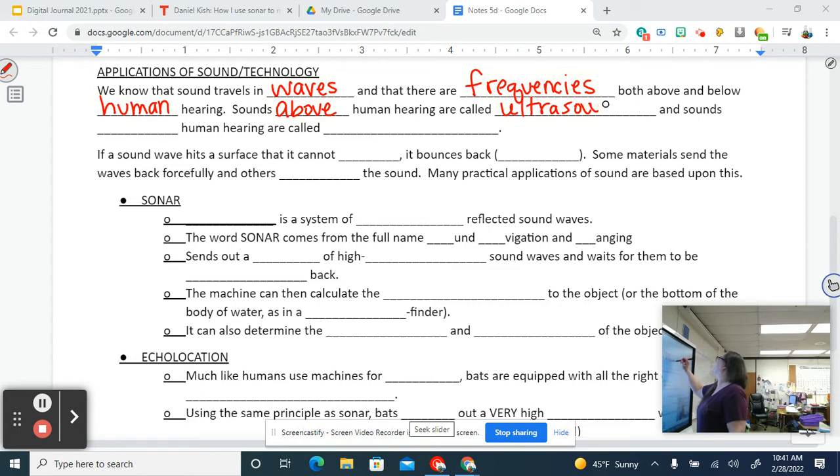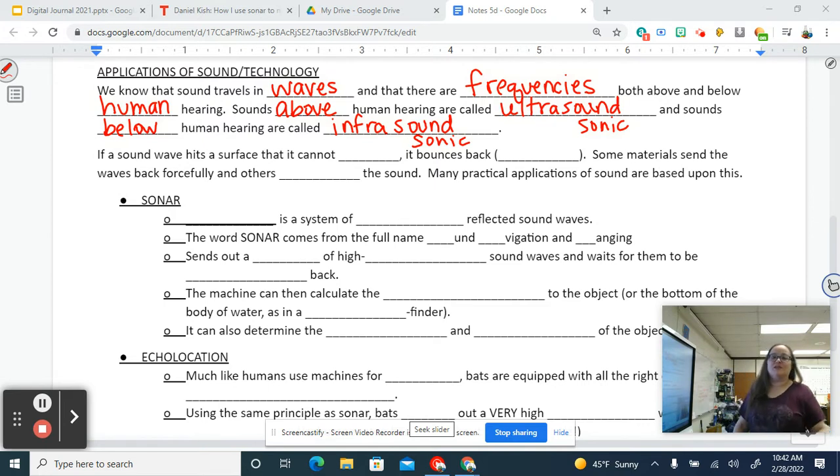Ultra being Latin for above or beyond. And sounds below human hearing are called infrasound. Infra being Latin for below or under. Well, sub is under, so infra is below. And again, it can also be called infrasonic. So ultrasonic and infrasonic just mean ultrasound and infrasound.